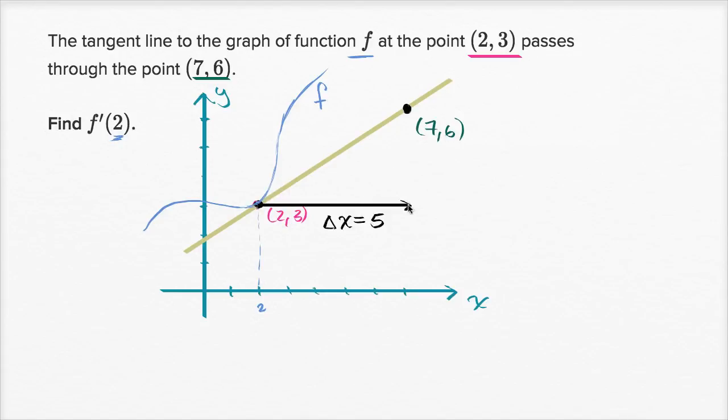And our change in y goes from y equals 3 to y equals 6, so our change in y is equal to 3. So our change in y over change in x is going to be 3 over 5, which is the slope of this line, which is the derivative of the function at 2, because this is the tangent line at x equals 2.